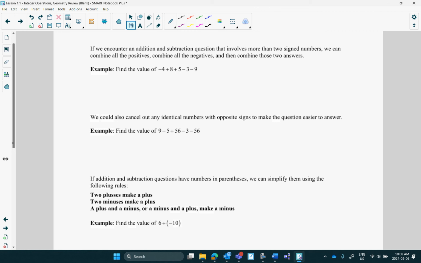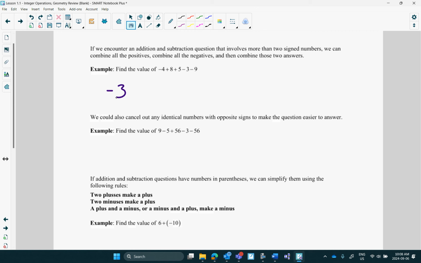Then we go up another 5. Start at 4, up another 5. Work with me. 9, thank you. But then we go down 3. And then we go down another 9. So we start at +6, down 9, -3. So that's one way you can look at it.